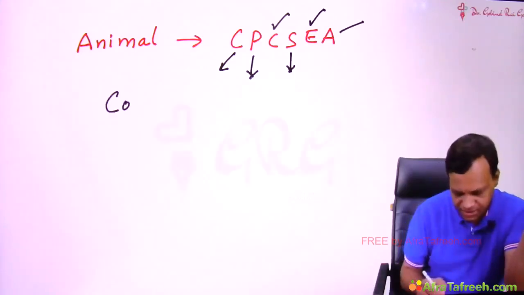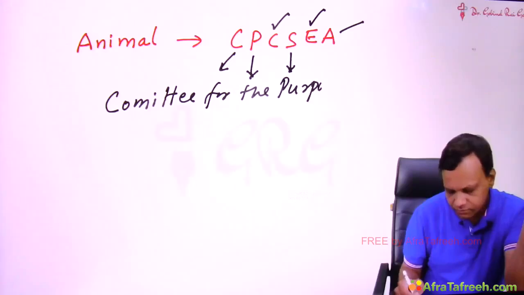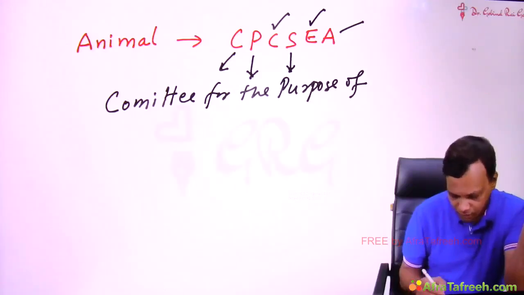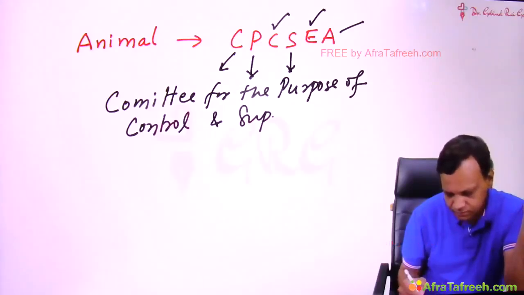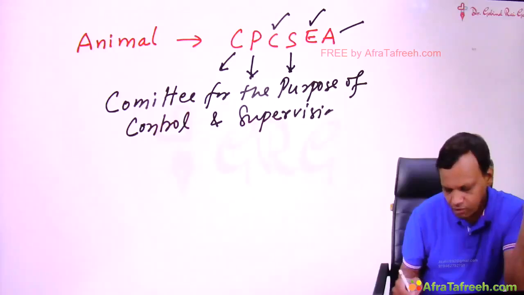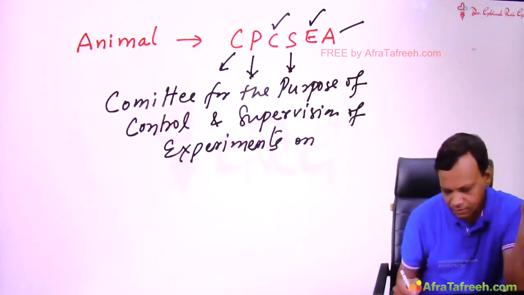CPCSEA is the Committee for the Purpose of Control and Supervision of Experiments on Animals.